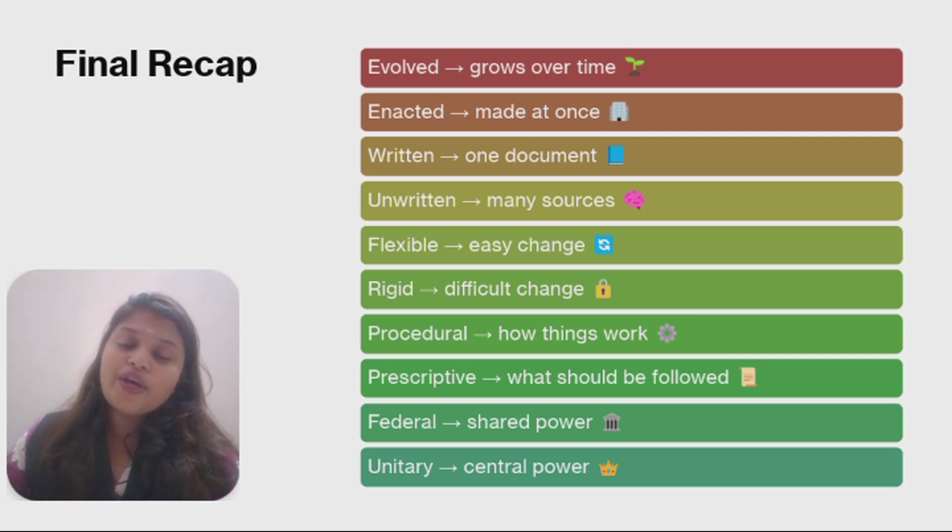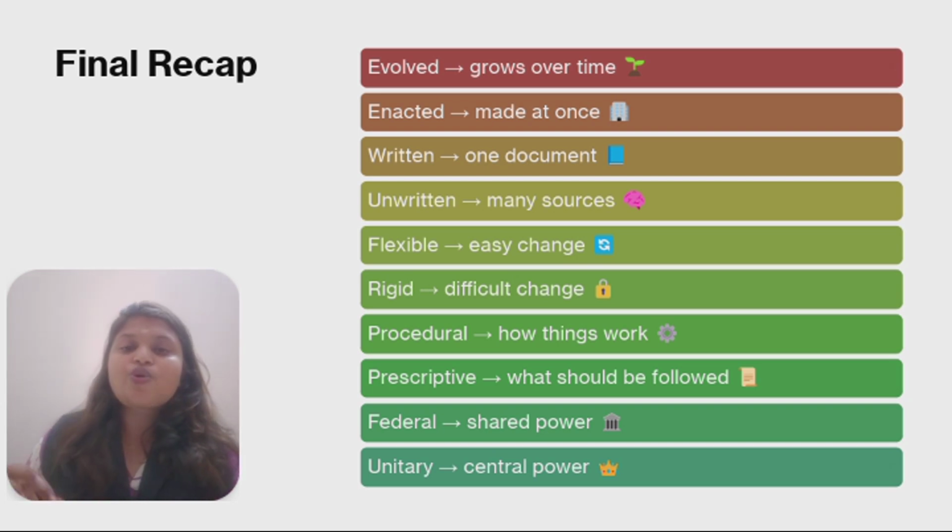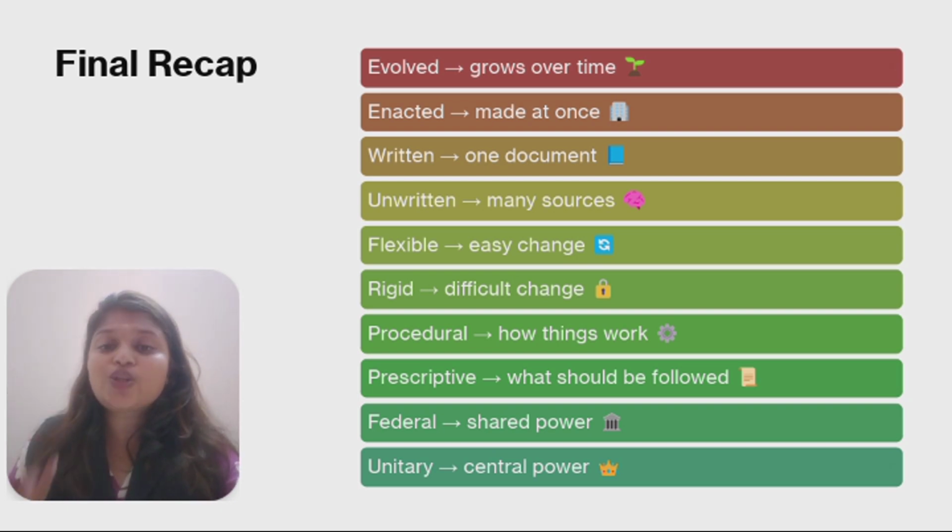Going on with the other category, the other type of constitution is flexible and rigid constitution. Flexible constitutions are the constitutions which are easy to modify. Whenever we want to modify the constitution by following a simple procedure, it can be modified in a flexible constitution.